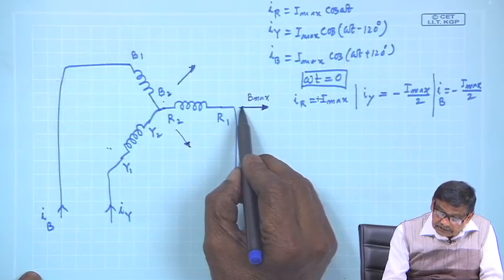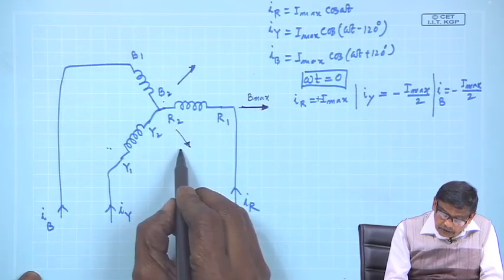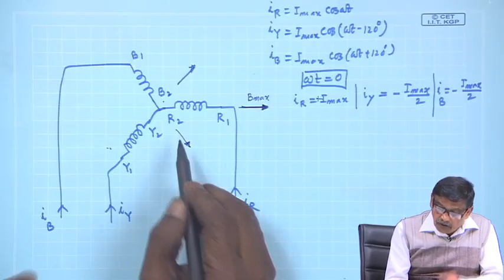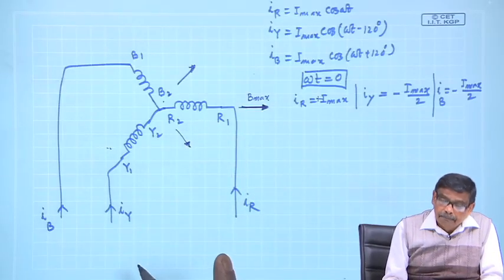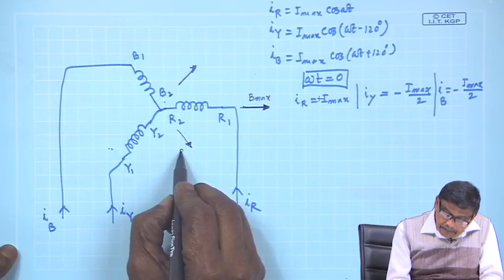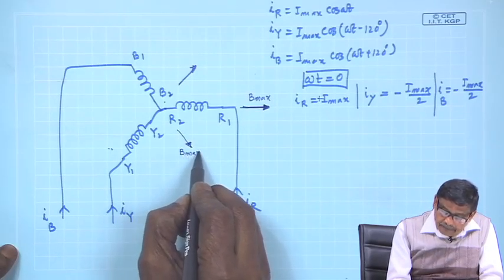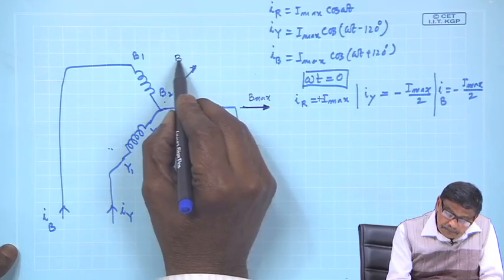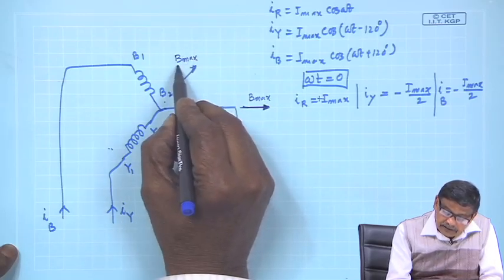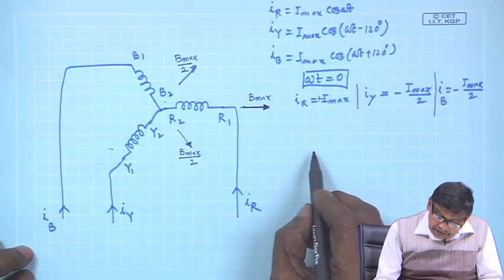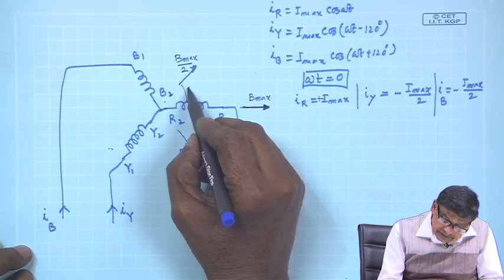So, these are the three fields, and what will be the strength of this field? For I max it is B max, therefore, it will be B max by 2, and this will also be B max by 2. So, the resultant, and these angles are 60 degree.